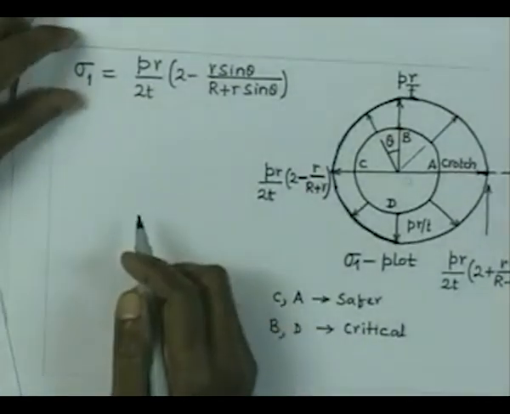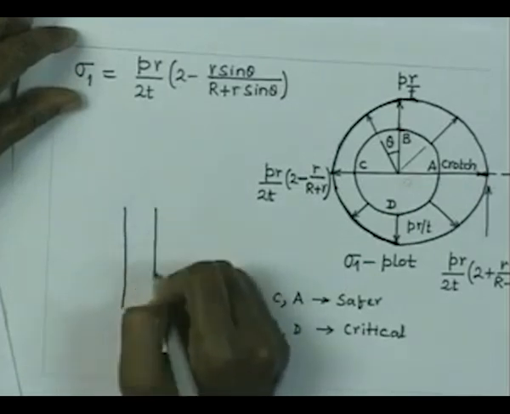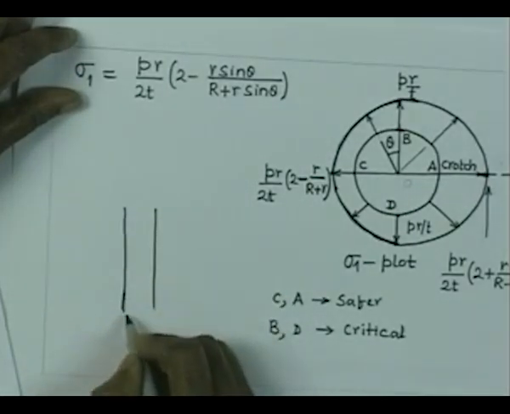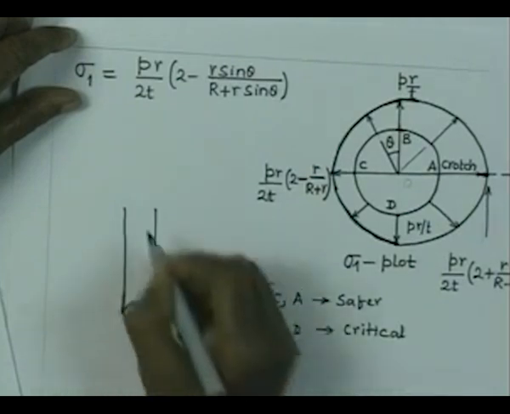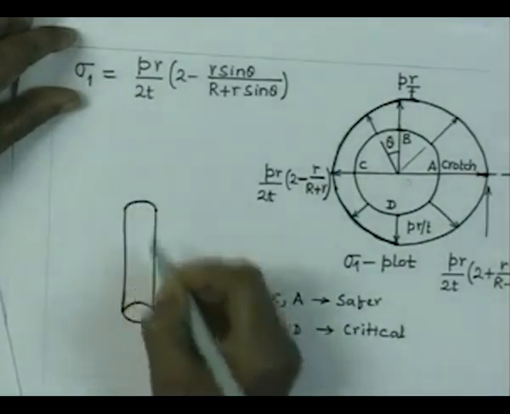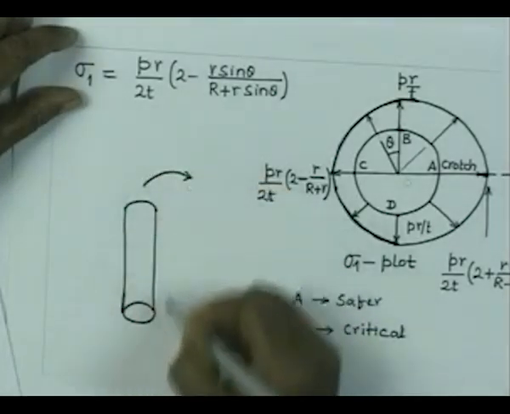After all, let us say we take a straight pipe like this, and this straight pipe is bent into the form of a torus.